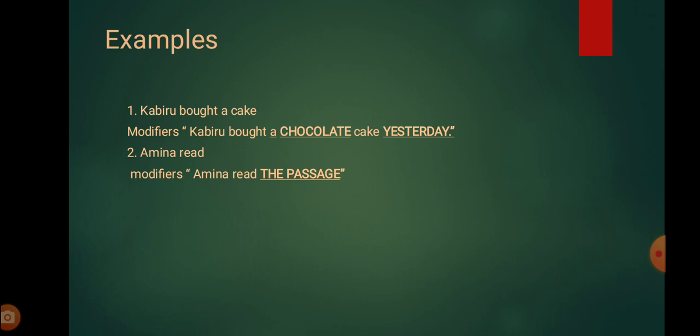So let's look at the examples. Kabiru bought a cake. You see, this sentence is straightforward. Kabiru bought a cake. If we are to modify this sentence, we can say Kabiru bought a chocolate cake yesterday.